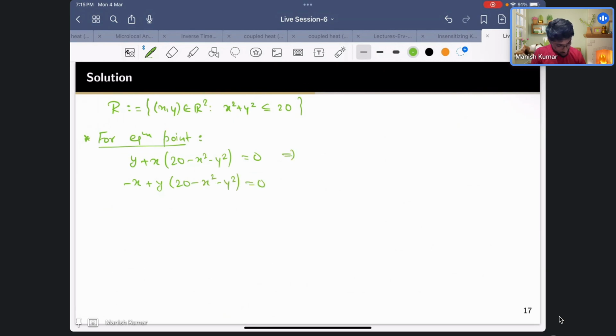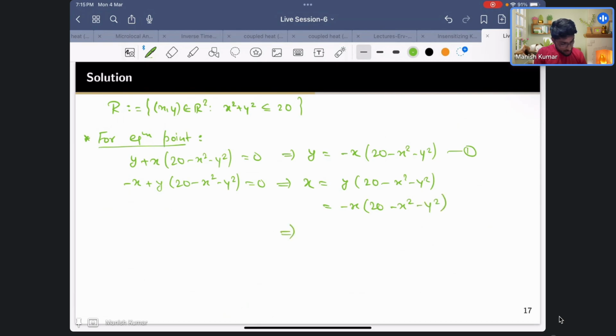So from here you can conclude y is minus x(20 minus x square minus y square), and from the other, x is y(20 minus x square minus y square). Now if I use 1 here, I get minus x(20 minus x square minus y square), and from here I can cancel this x, so 1 equals minus (20 minus x square minus y square), that is, 20 minus x square minus y square equals minus 1.